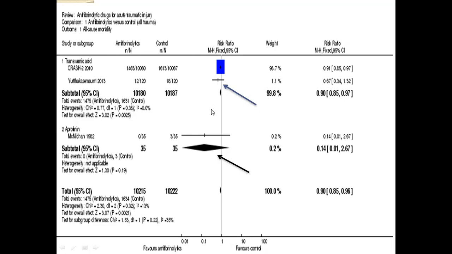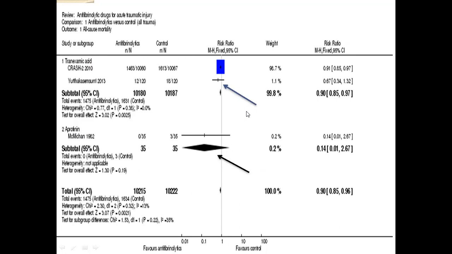As you can see here, there are two drugs, aprotinin and tranexamic acid. Regarding aprotinin, you can appreciate the width of the confidence interval is very wide. However, regarding tranexamic acid, it is very narrow, which can be attributed to the very low number of patients in the aprotinin experiment.